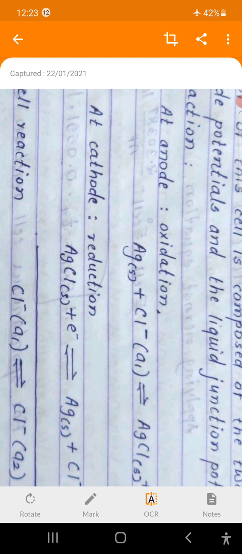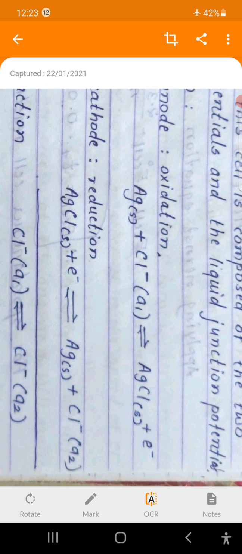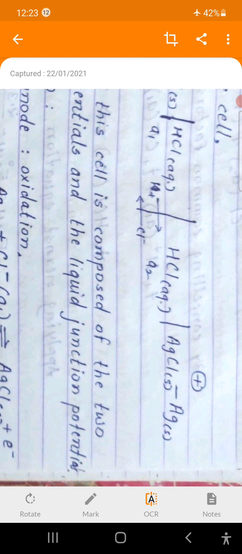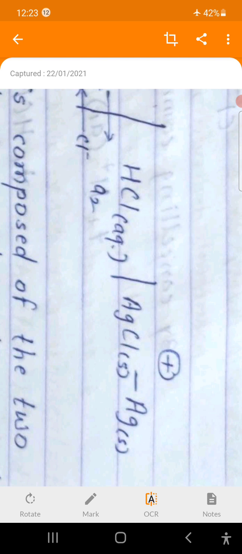Then at the cathode, reduction takes place. How? It is a simple reduction: Ag plus plus 1 electron gives Ag solid. But Ag plus is not freely available at the right hand side; it is in the form of AgCl.